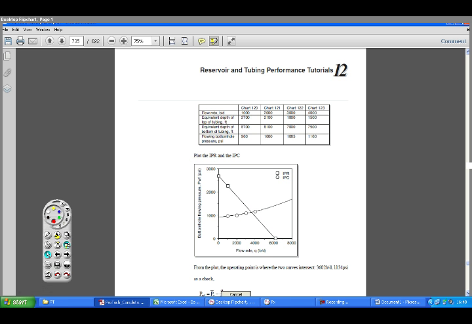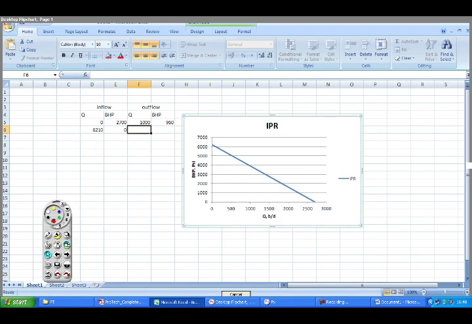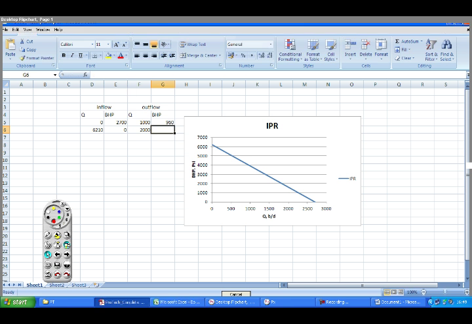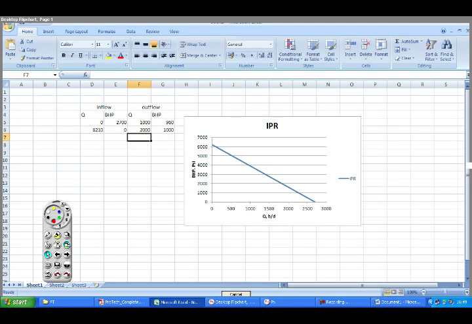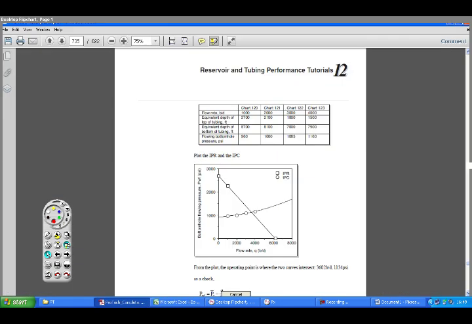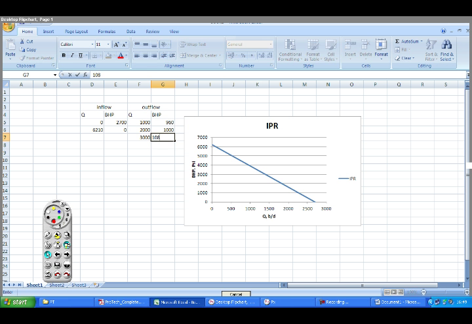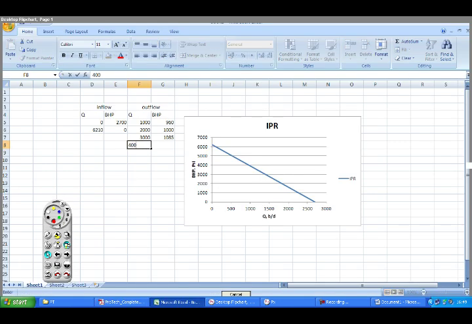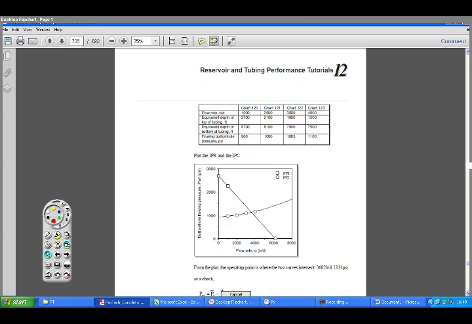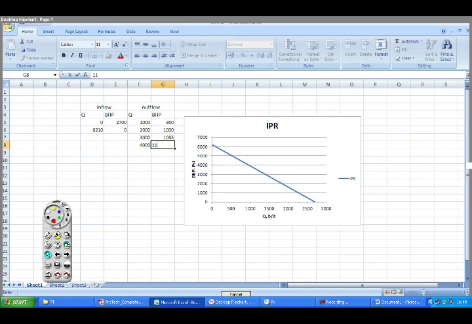If I want to produce 2000 barrels of oil per day, and if you calculate it from the chart, you will see that you need to keep the bottom hole pressure at the value of 1000 psi. For 3000 barrels of oil per day, we need a BHP of 1085, and for 4000 barrels of oil per day, we need to keep bottom hole pressure at the value of 1160 psi.